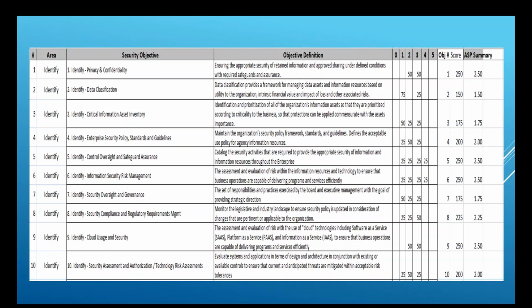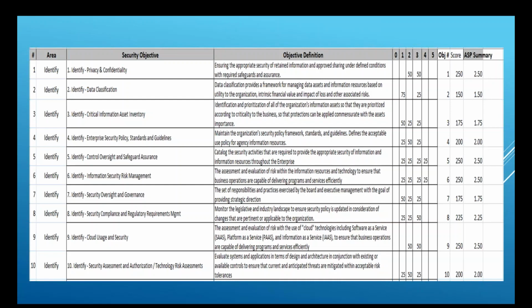We could score that 20% in each of 1, 2, 3, 4, and 5, as long as it equals 100%. And there are formulas embedded into this spreadsheet that will generate the scoring for you. We'll work through a few more of these, and then we'll talk more about some of the percentages.